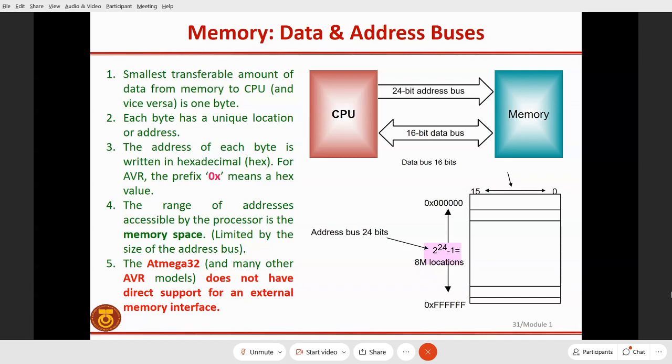It only delivers: it takes the value from the CPU and sends it to memory, and it is found in memory.